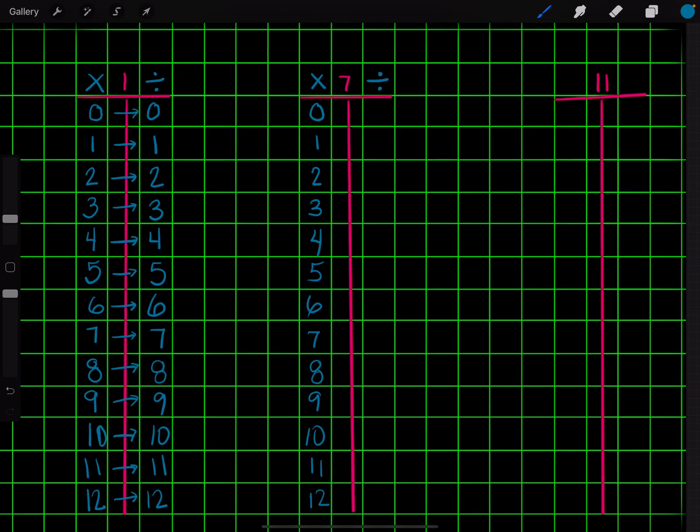Now we're going to be filling in the right side. If I have 0 groups of 7, that's going to be 0. What's nice about the zeros, it's always going to be zeros, no matter what factor you're doing.